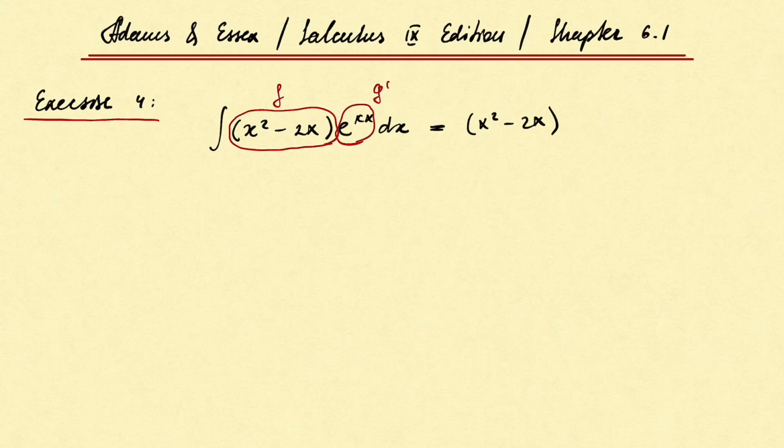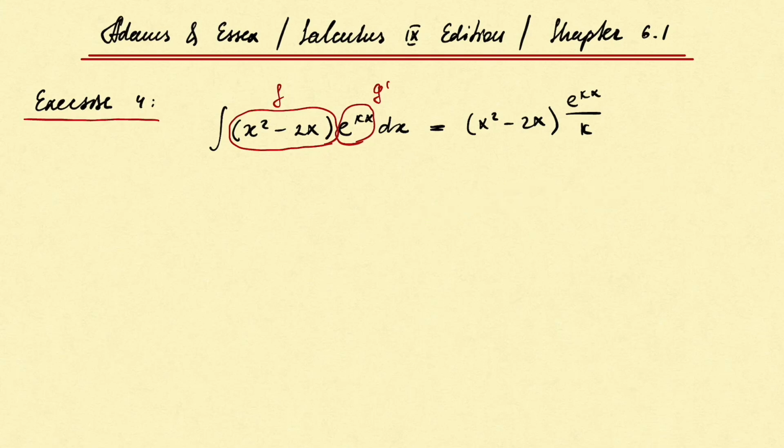What's that? Exponential does not change its structure under integration nor differentiation, so it's e to the kx, but divided by k, so that when we differentiate it, we have e to the kx, because the derivative of e to the kx will be k times e to the kx.